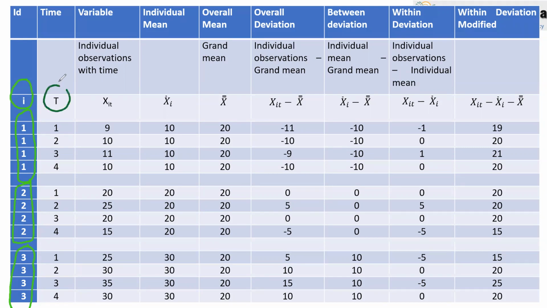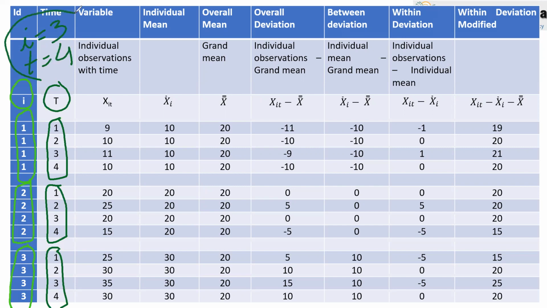And this is the time period. So we are having a 4-year data set: 1, 2, 3, 4. In this case, I equals 3 and time equals 4. So in this panel data, we have 3 cross-section units, 1, 2, 3, and 4 time periods, 1, 2, 3, 4 for each.